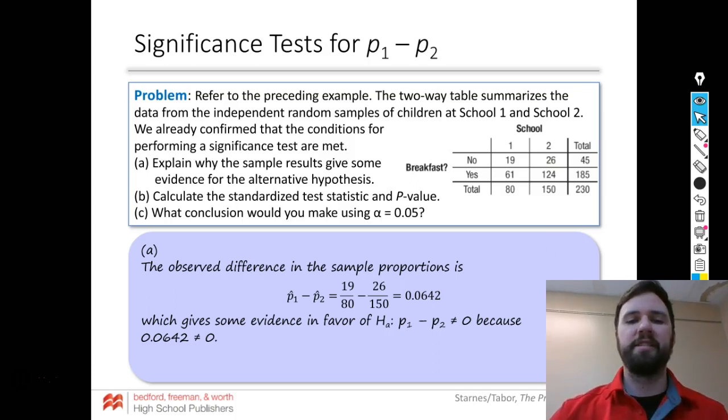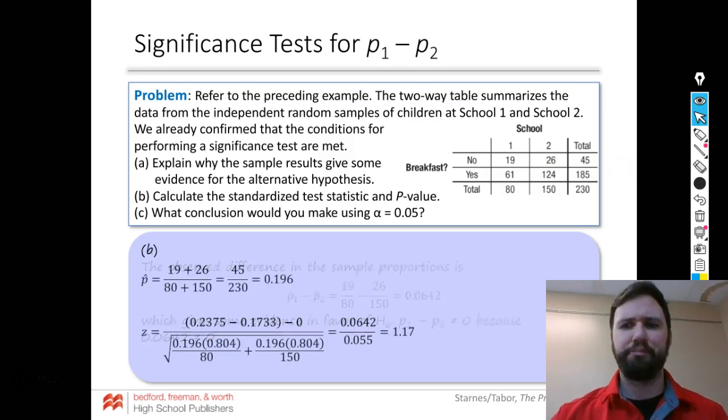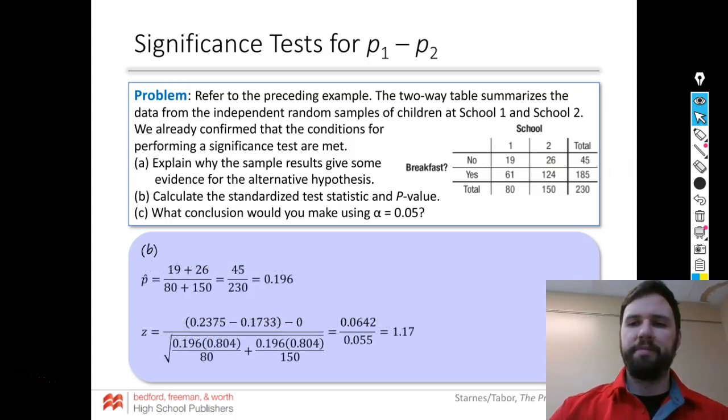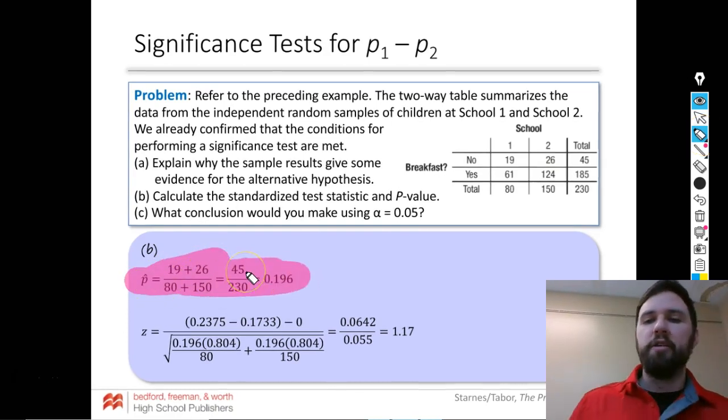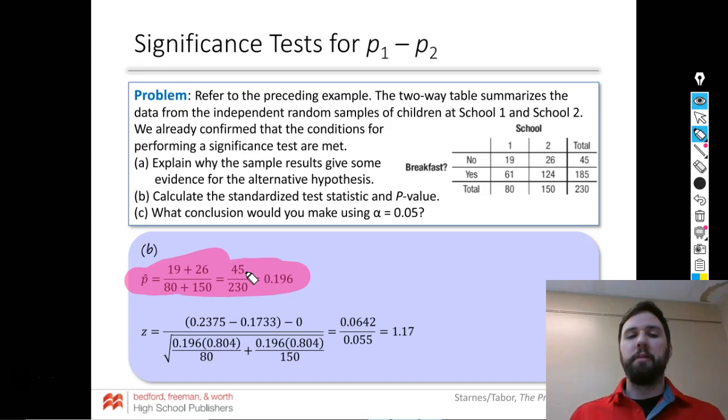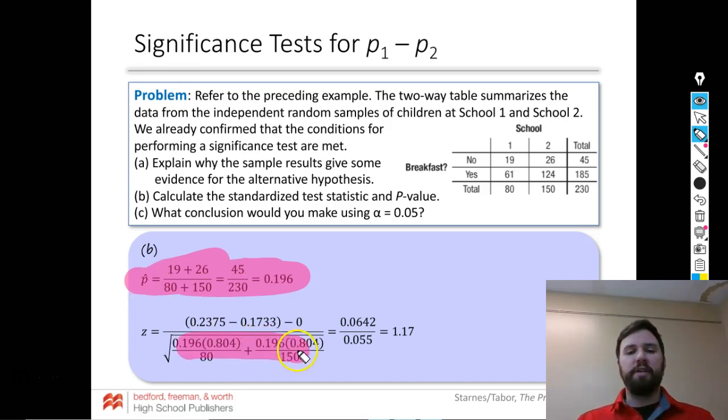Let's find the test statistic. This is our combined proportion. We're taking the data from both schools and combining it to find the total proportion. That's what we're going to use to find the standard deviation below. Then up here's the difference between the two schools, and we find out Z is 1.17.